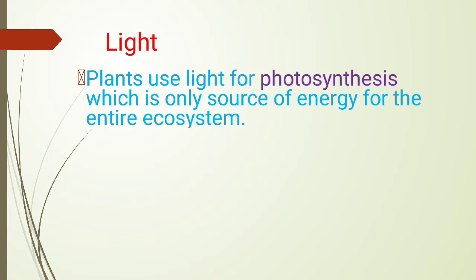So if photosynthesis does not take place, if plants do not get light, the whole ecosystem will get disturbed or destroyed, because carnivores are dependent on herbivores, herbivores are dependent on plants, and plants are dependent on sunlight for the process of photosynthesis. So light is the most important abiotic factor in the ecosystem.